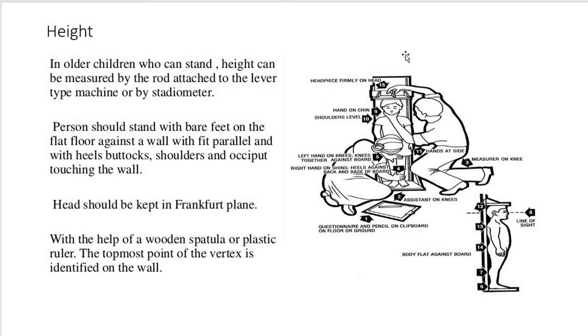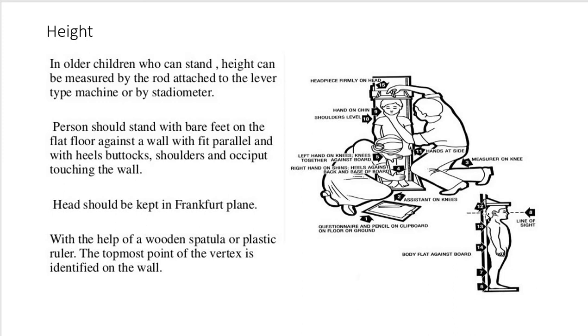In these pictures, you can see the child is made to stand with bare feet on the flat floor against the wall, with the feet parallel and with heels, buttocks, shoulder and occiput touching the wall. Occiput means the back of the head. Head should be kept in the Frankfurt plane.